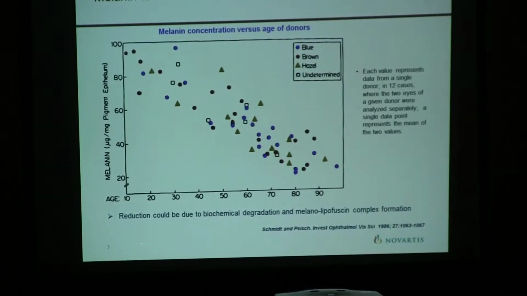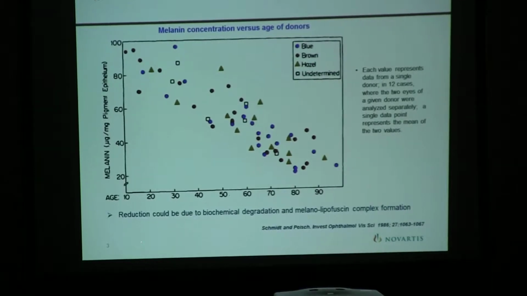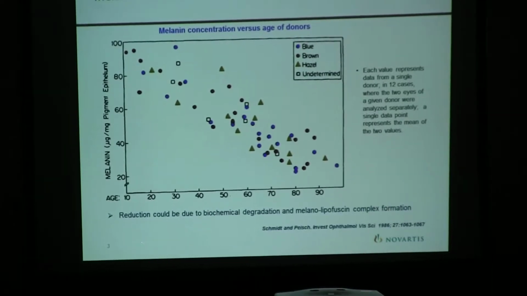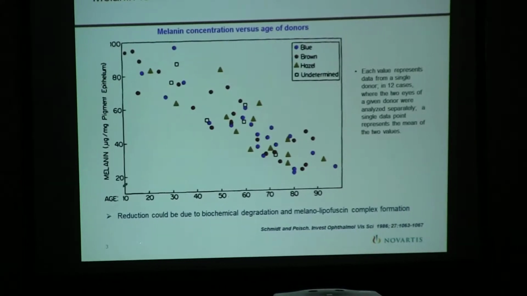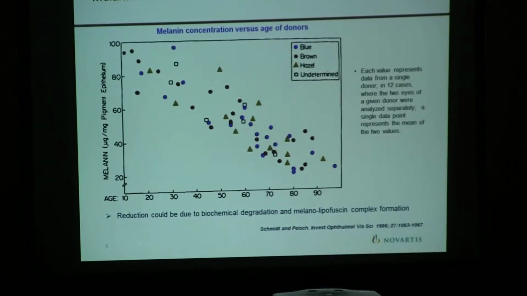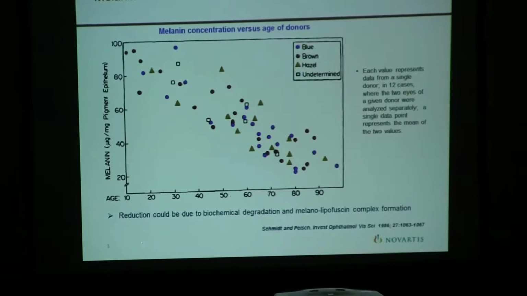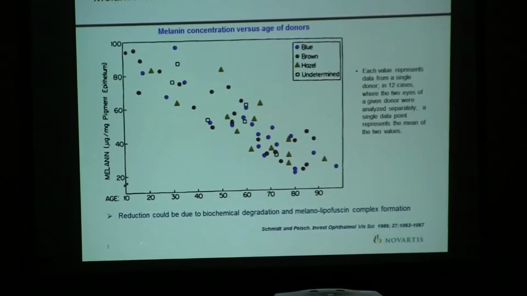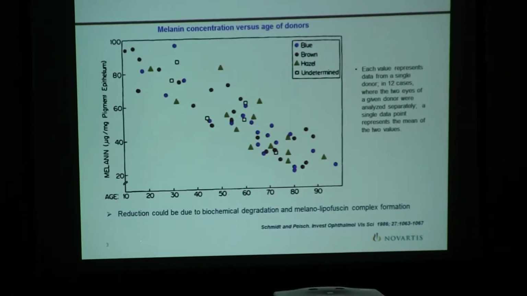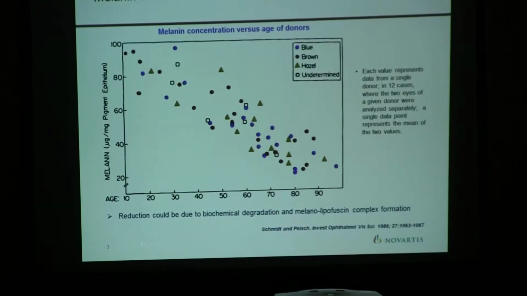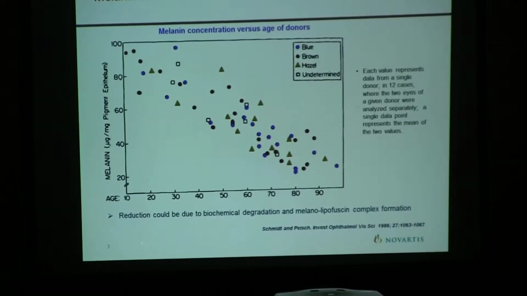This could be the reason that with age we do not have as much UV protection or radiation protection, and we start seeing the effects, which may result in various ophthalmic diseases. By the way, it doesn't matter what color the eye is. In people of all eye colors, melanin content in the retinal pigment epithelium goes down with age.